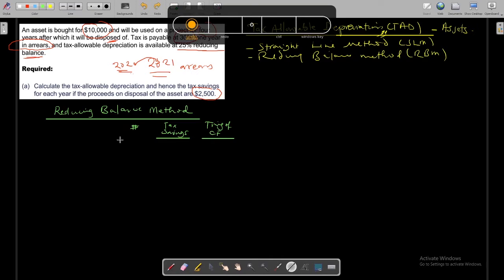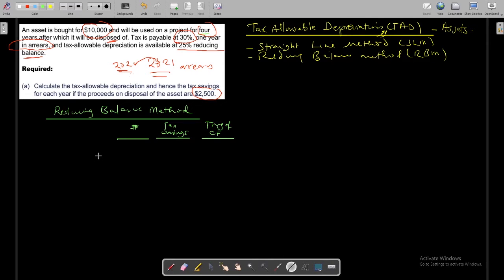Let's put here the details, and here will be the years. Sorry that I have to do it that way. The first one is the initial investment, which starts with $10,000.